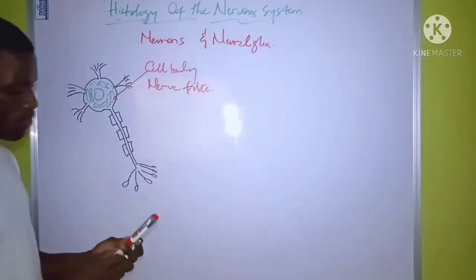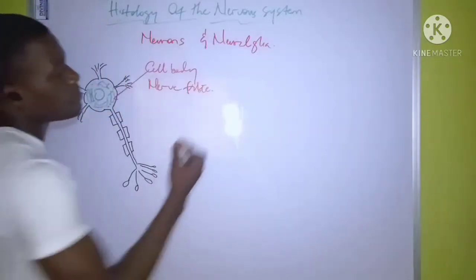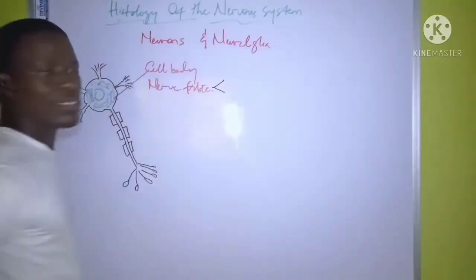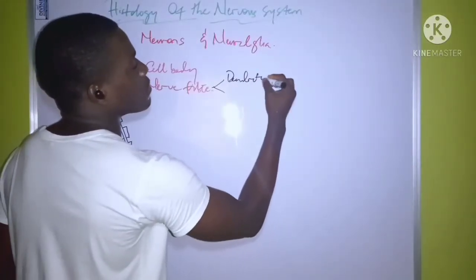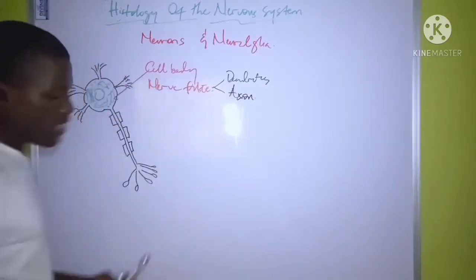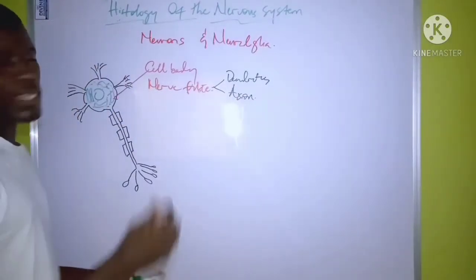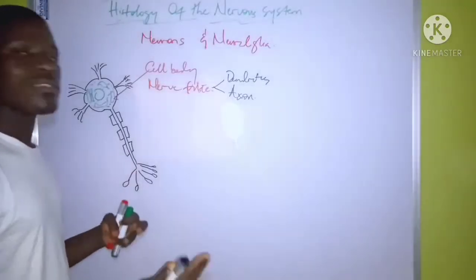Then the next which we'll talk about now is the nerve fibers. The nerve fibers can be divided into two parts. There are two types of nerve fibers. We have the dendrites and the axon. As the name implies, the dendrites, which means small trees, are tree-like structures that are found around the cell body.